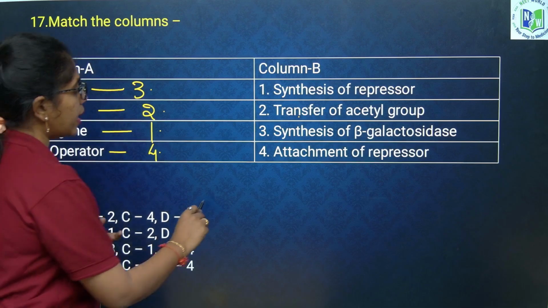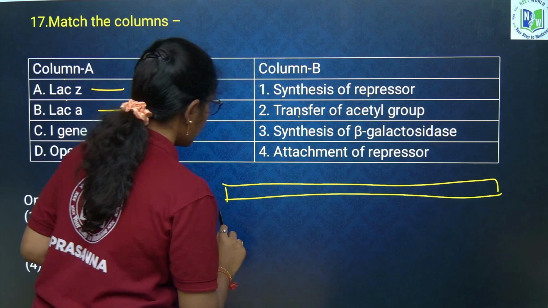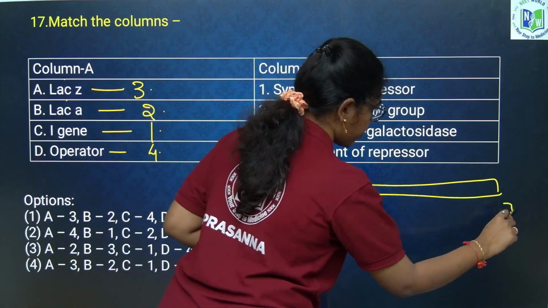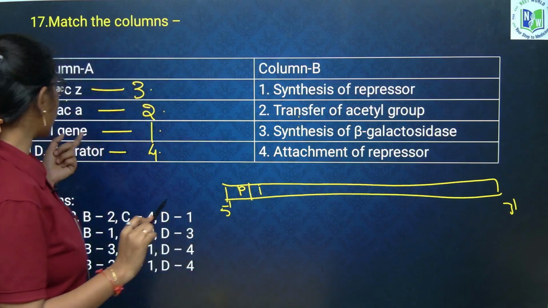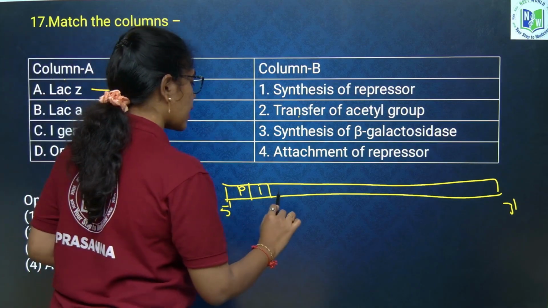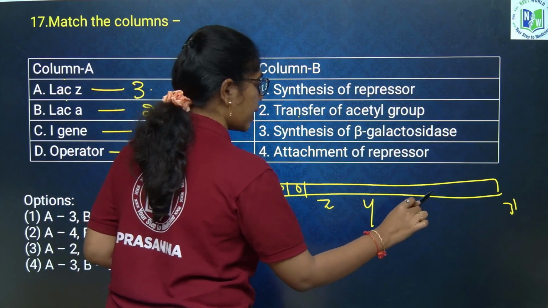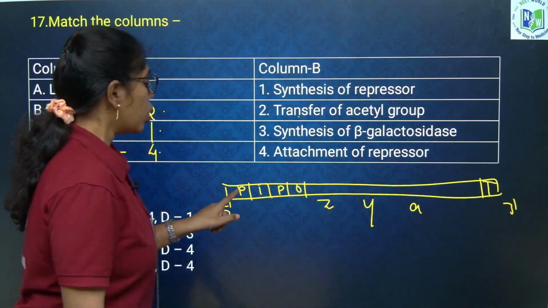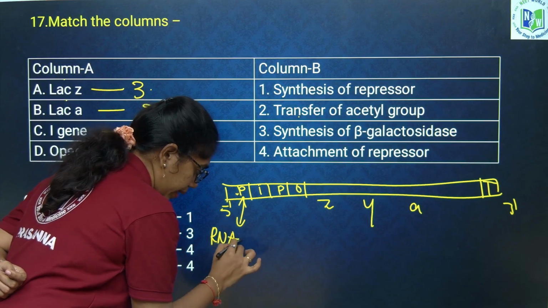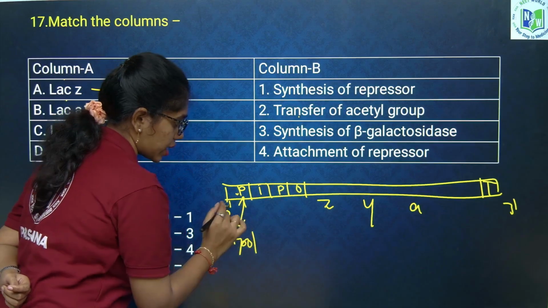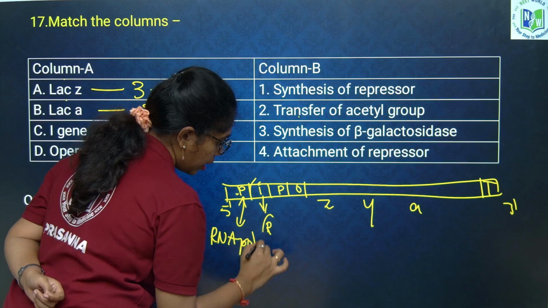Once again, for your idea, let me provide this DNA chain from 5 prime to 3 prime. First the promoter region is there, then the I gene, which is again followed by a promoter, operator, then structural genes Z, Y, A, and lastly the terminator. RNA polymerase will always come and bind to the promoter region, which starts the reaction, and the regulatory I gene will release the repressor.